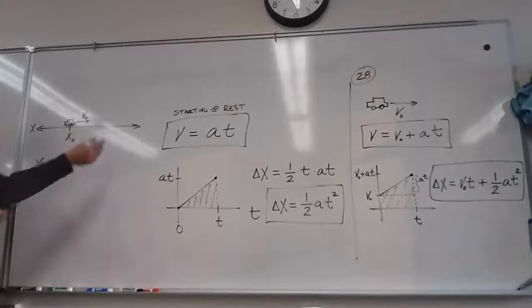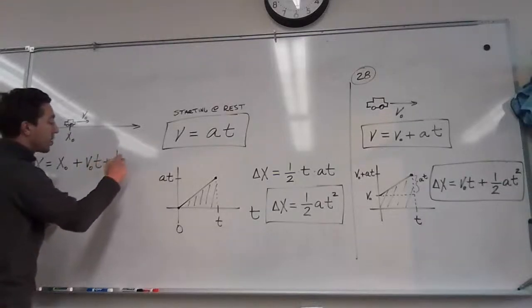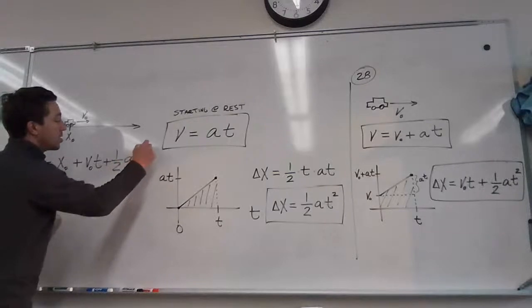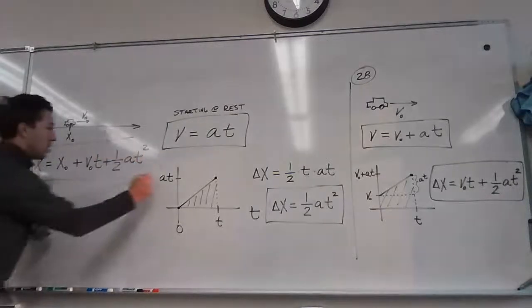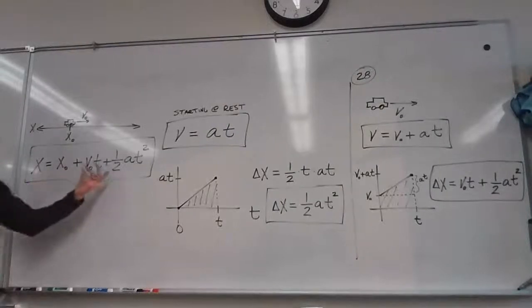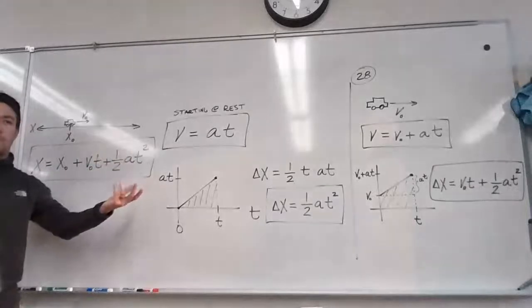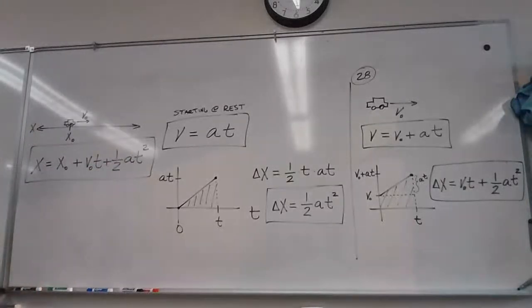Let's add on the displacement now: v naught t plus 1/2 at squared. So this is the position function for the particle. Again, where I started plus this sum here is the displacement, how far it traveled over that time period.